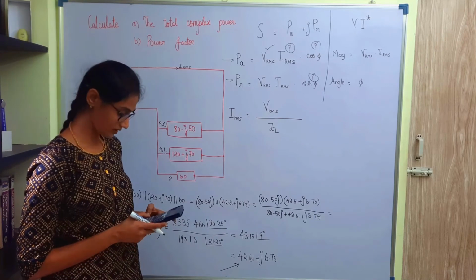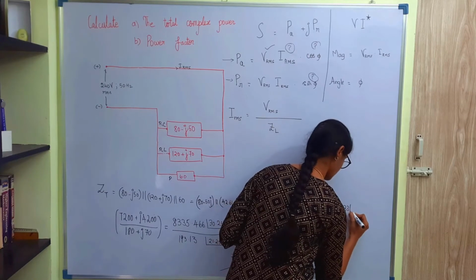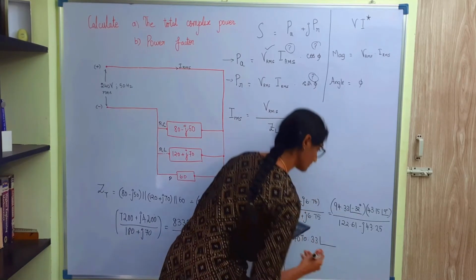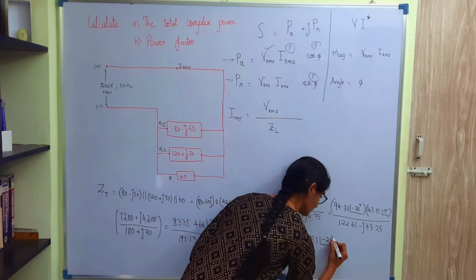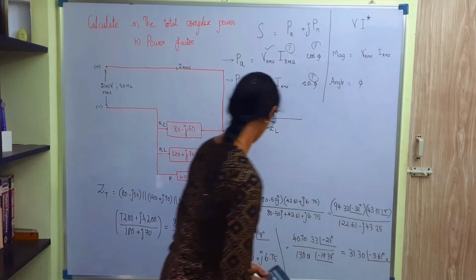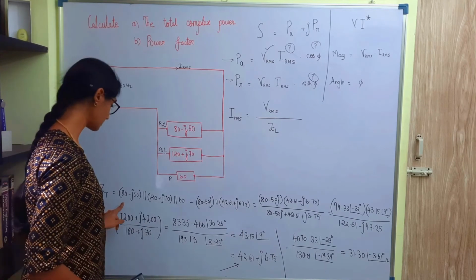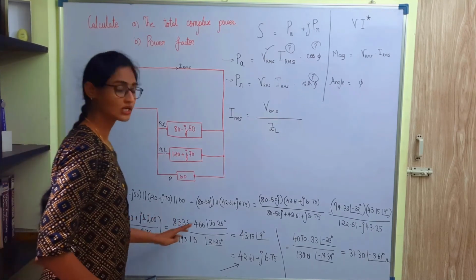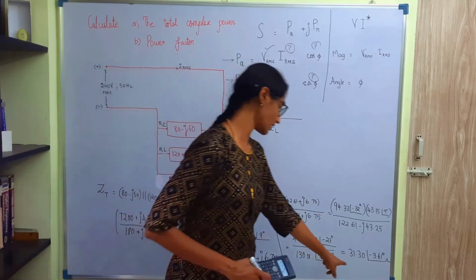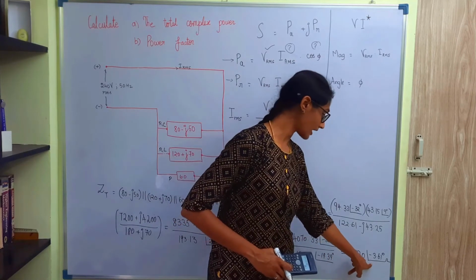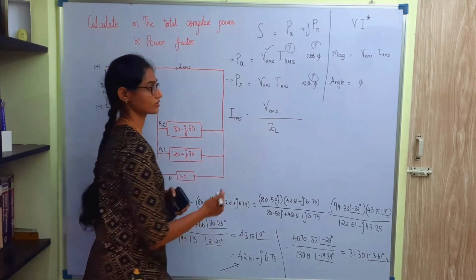So the polar form will be, so now we have found the effective value of this resistance, which is the parallel combination of these three resistances. We use the polar form and rectangular form interchangeably, and then we arrived at the answer of 31.30 angle minus 3.61 degrees. We will substitute the value of ZL in this equation.